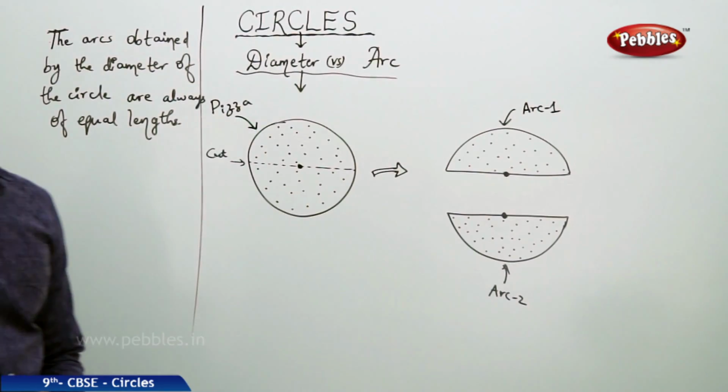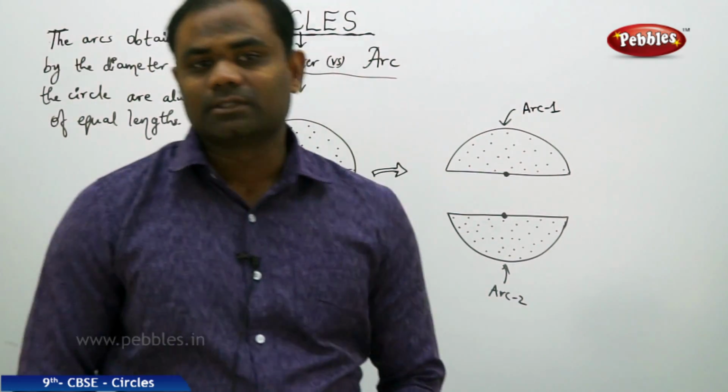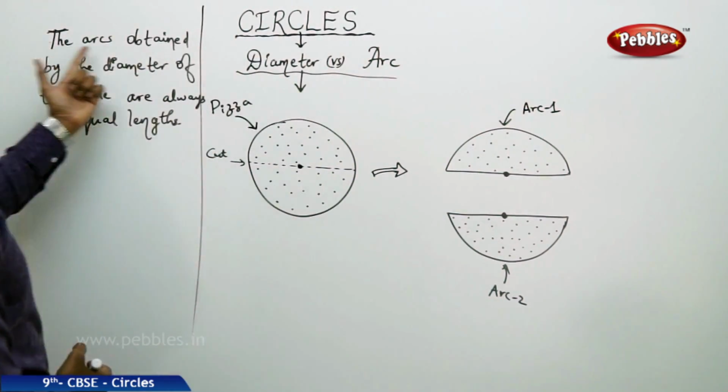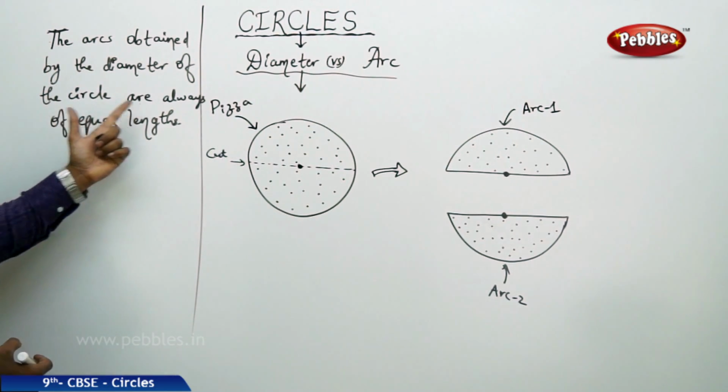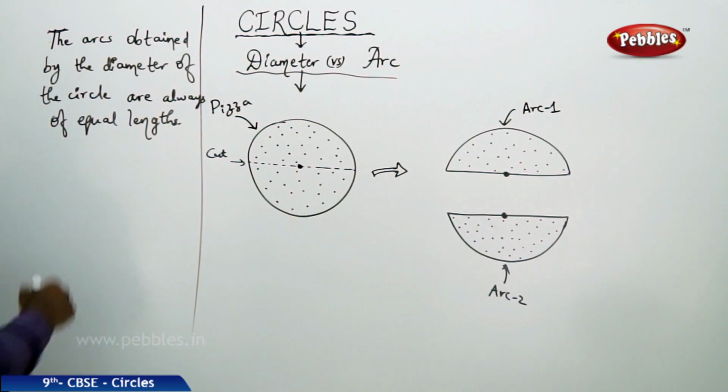So this is one of the investigations concluded: the arcs obtained by the diameter of the circle are always of equal lengths.